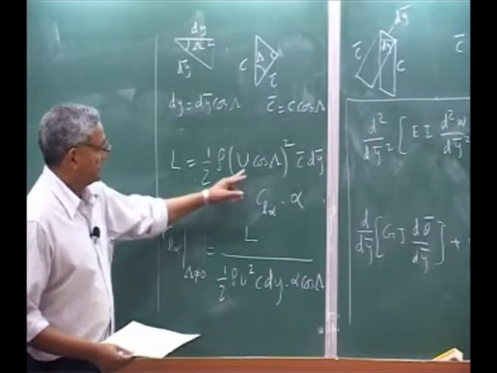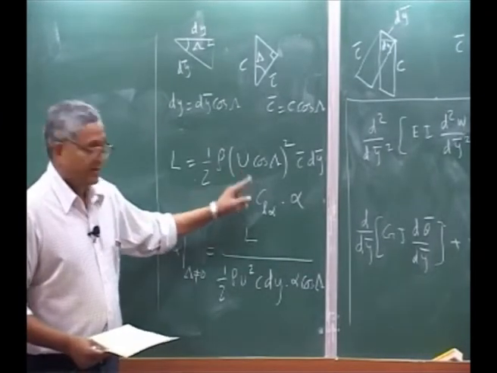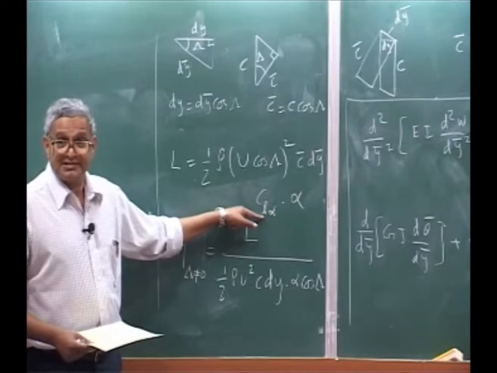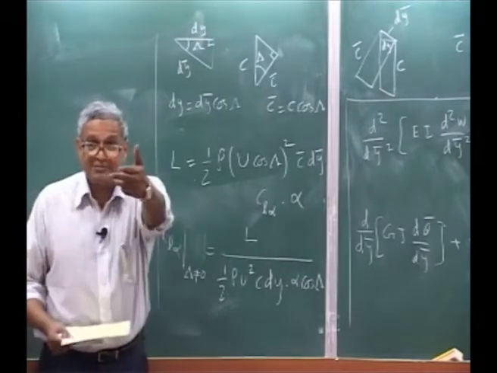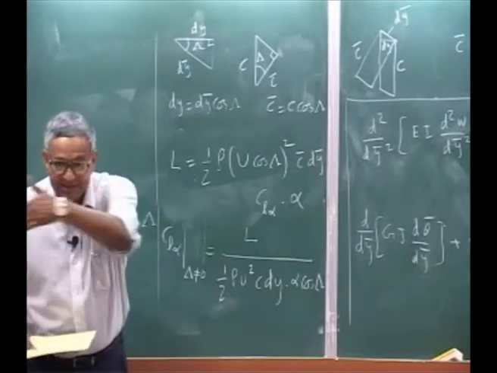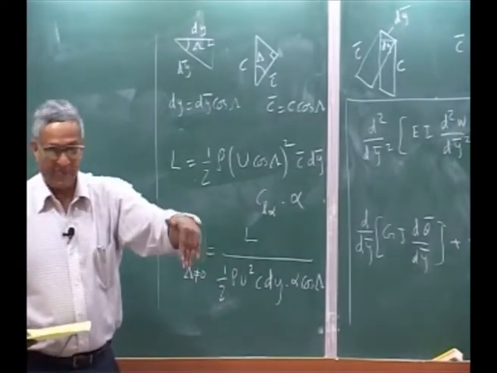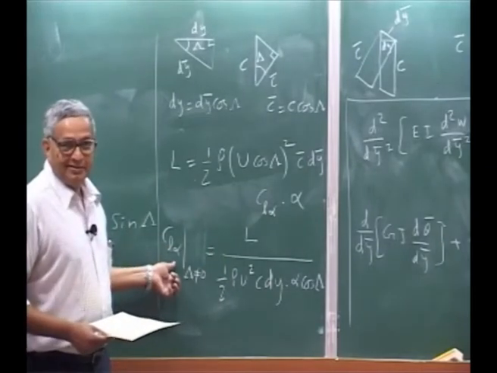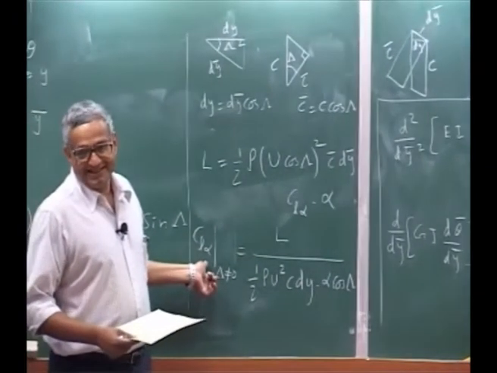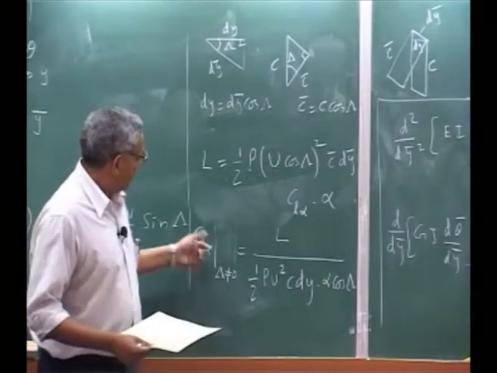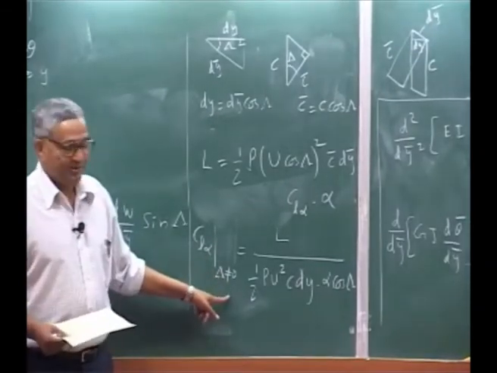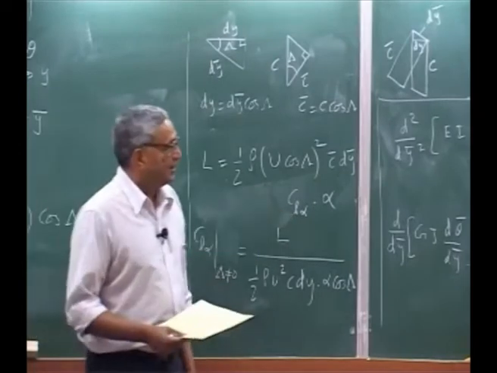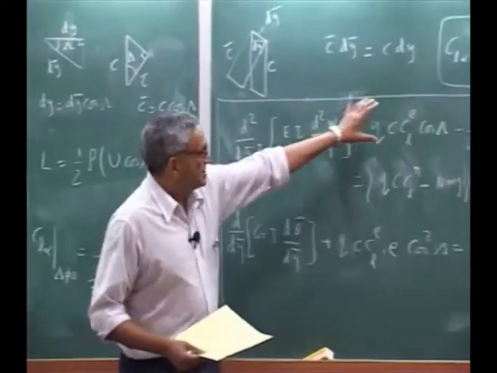This is with the sweep 0. Please understand, this is the CL alpha for when the flow is coming normal to the leading edge. This one is not normal to a leading edge, that is why I put lambda not 0. This is with lambda 0. Now you have this expression.